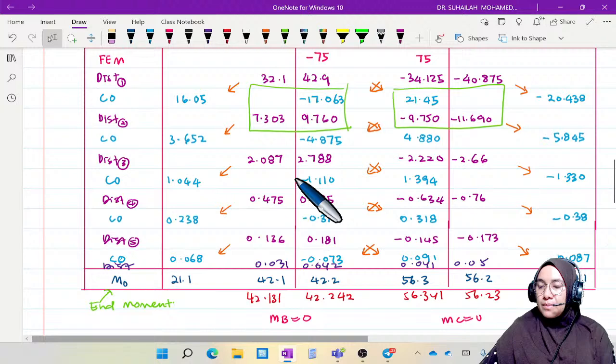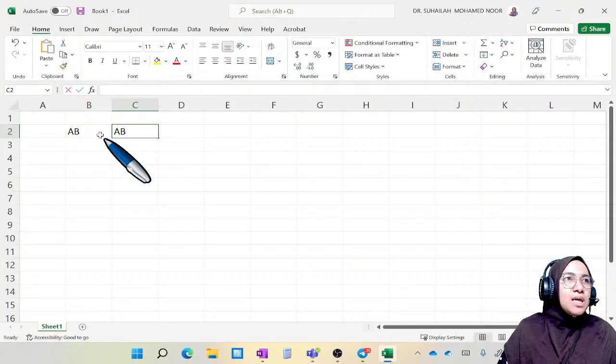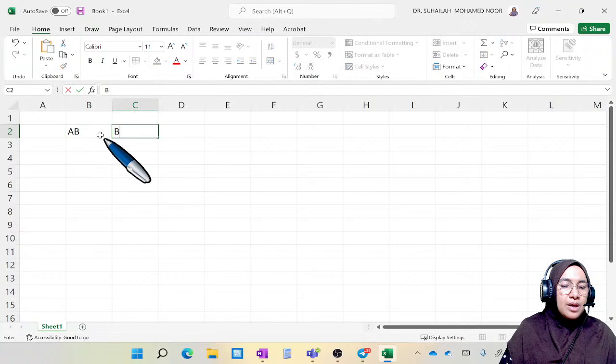Basically, the answer that we get from Excel is more accurate because whenever we choose up to maybe 1 decimal place or 2 decimal places, it will actually affect the value. So what we have is AB, BA, BC, CB, CD, DC.